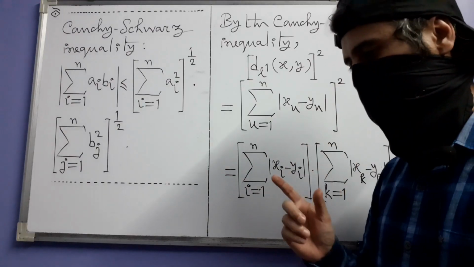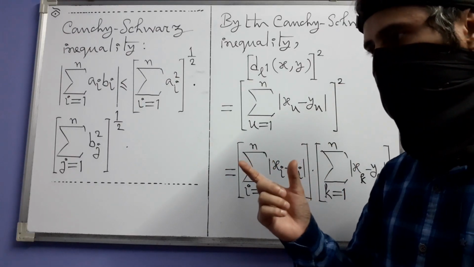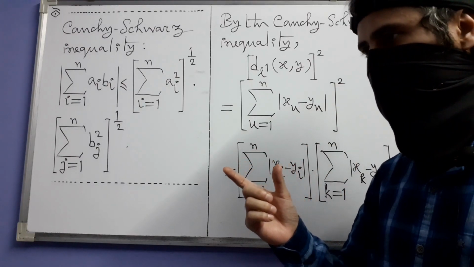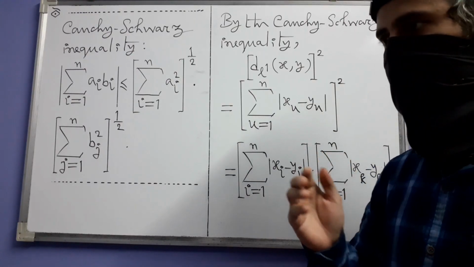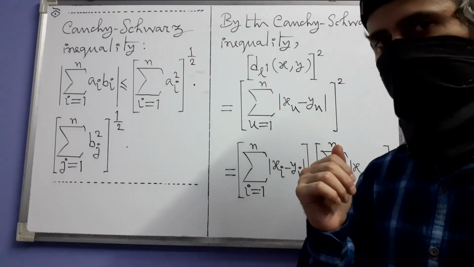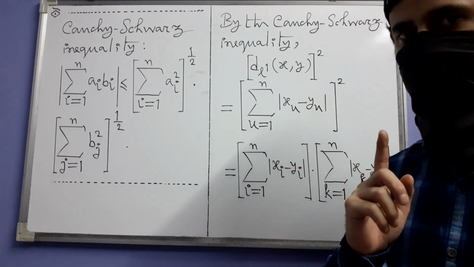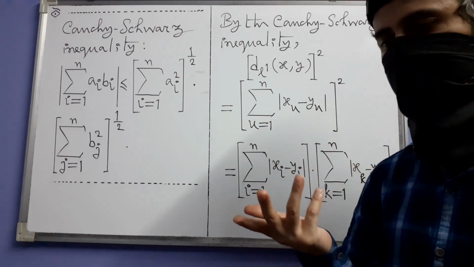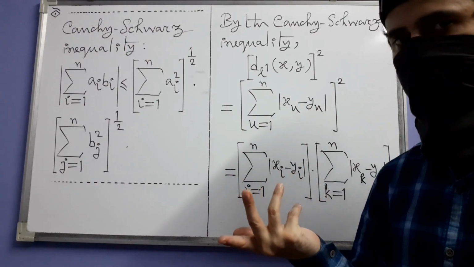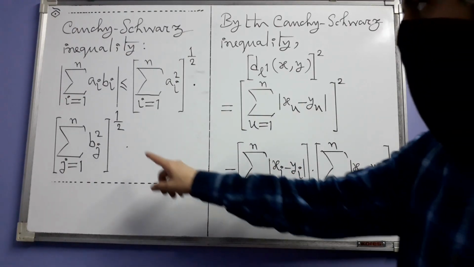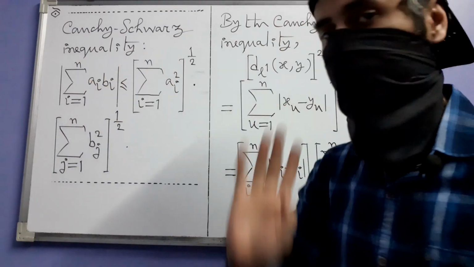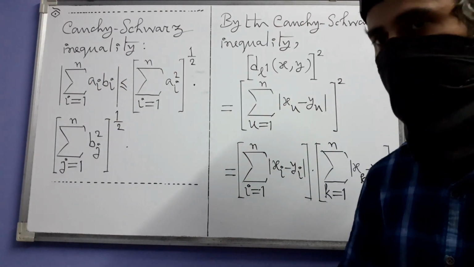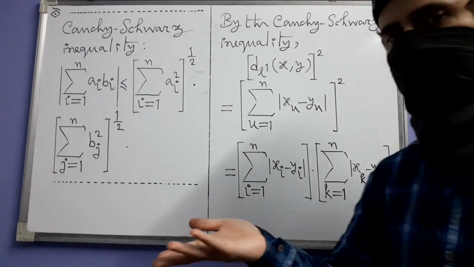So let us first recall that the Cauchy-Schwarz inequality is about a list of numbers a_i and b_i, where there are n a_i's and n b_i's, and because this is a list, repetition is possible.